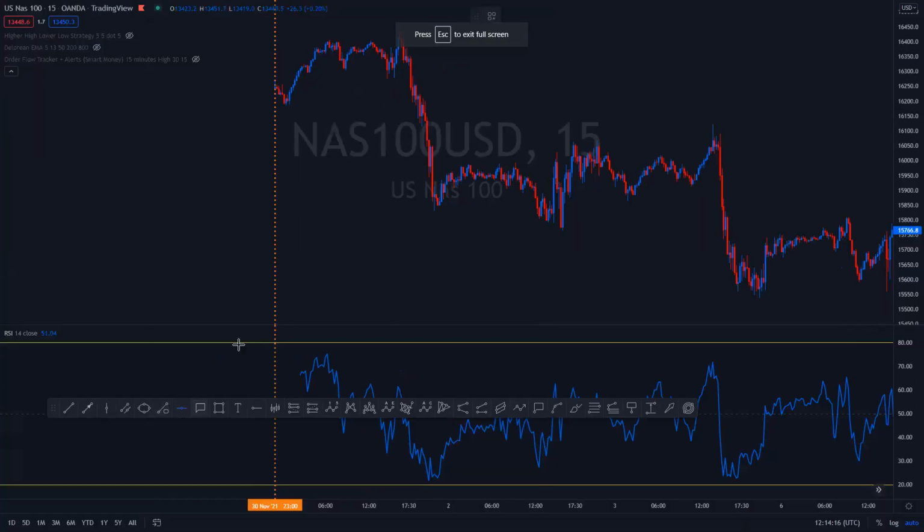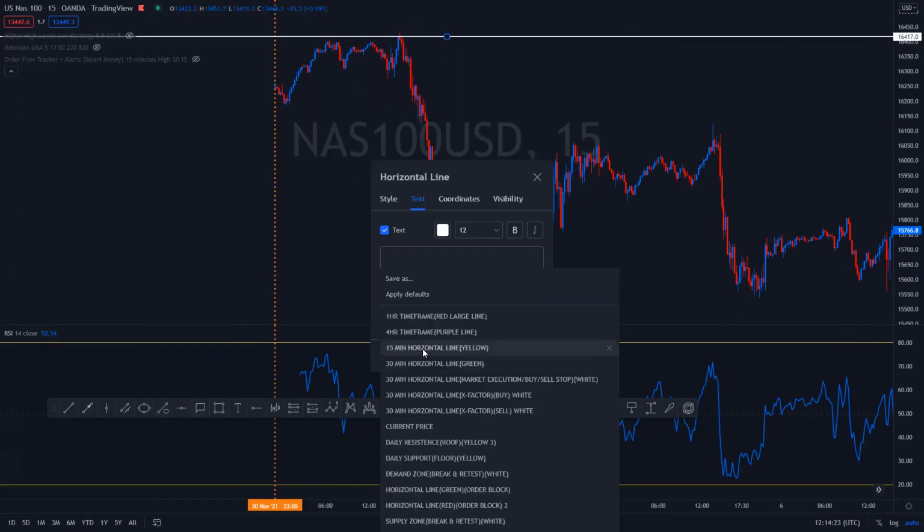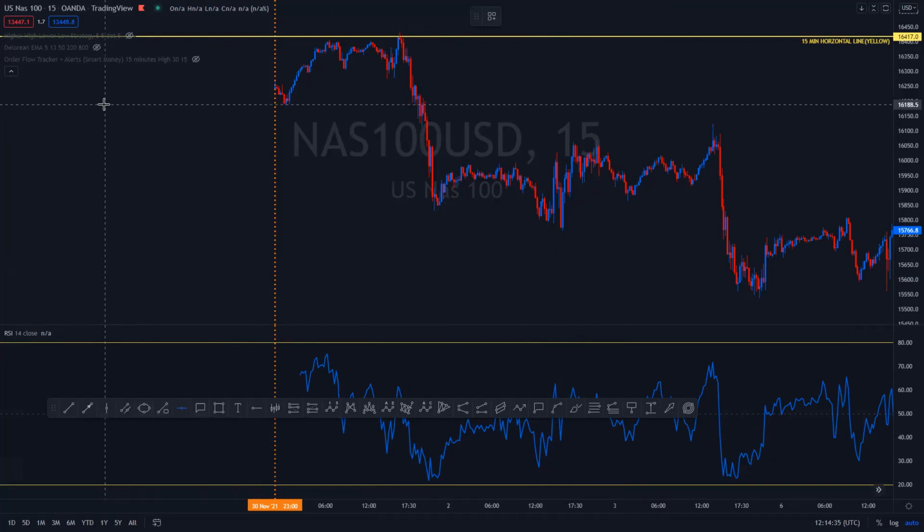When I mark up my market structure, I love doing it based off of institutional imbalances, because it lets me know when the banks are actually making their moves. So that's when I need to be in the market, when the banks move. So I think this is a good one here.